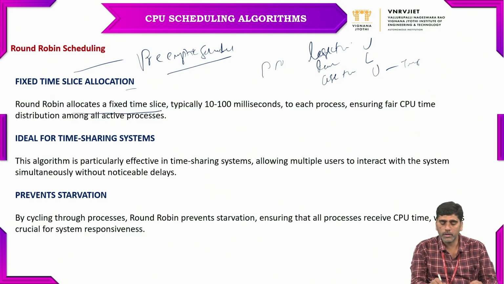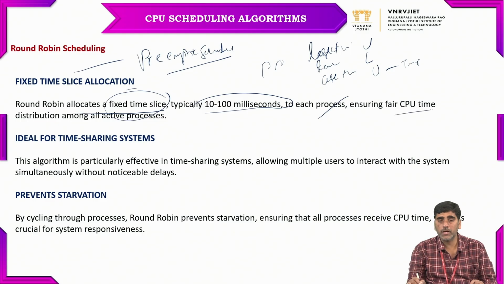So here round robin allocates a fixed time slice, typically 10 to 100 milliseconds, to each and every process, and that ensures fair CPU time distribution.